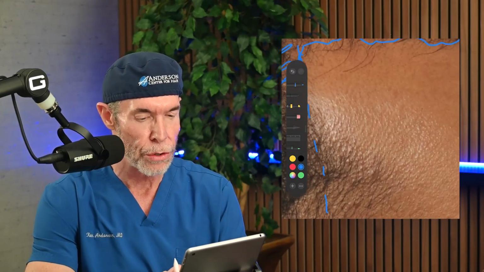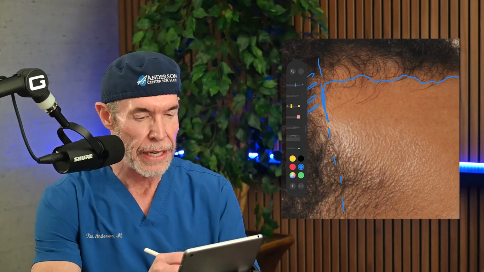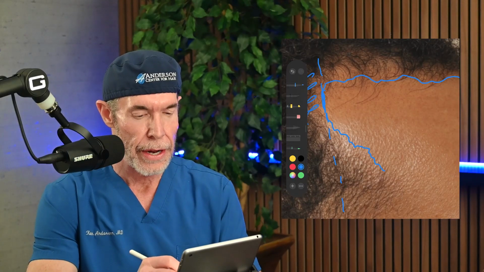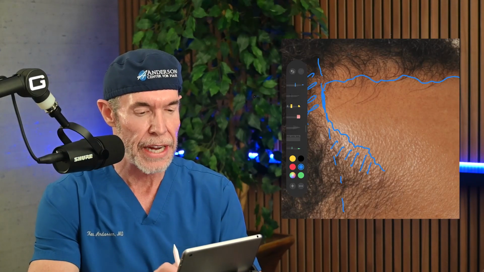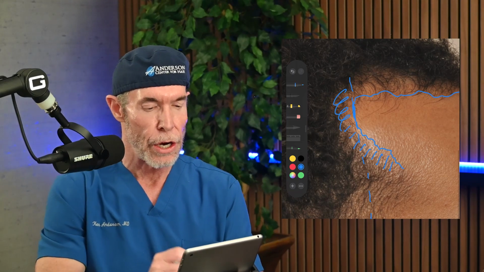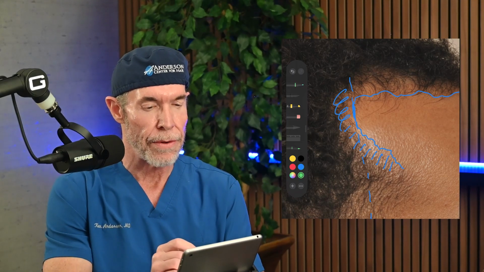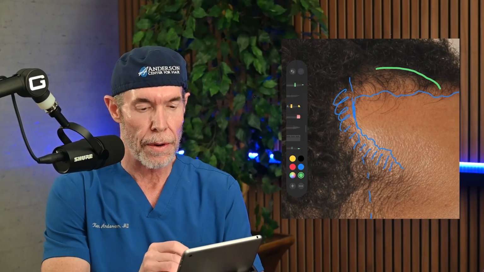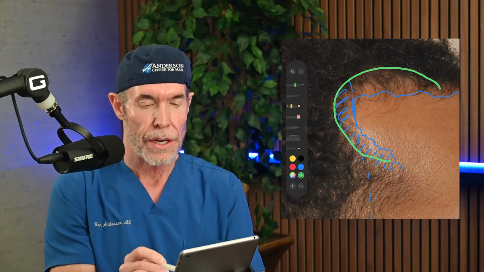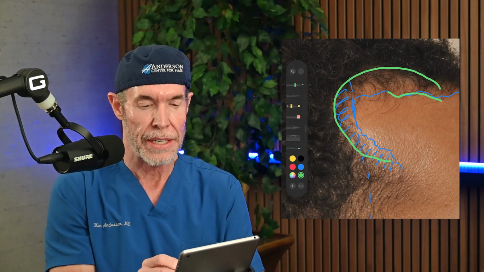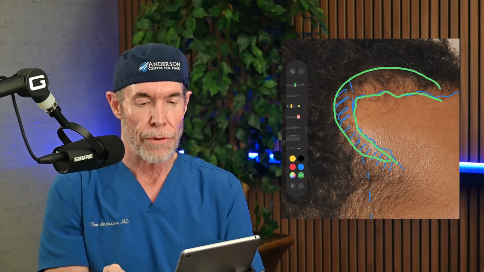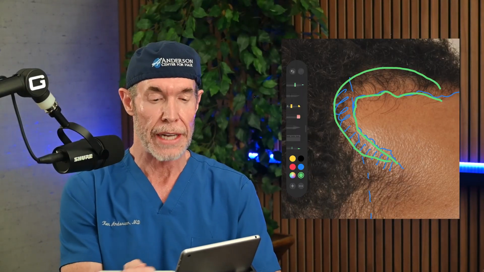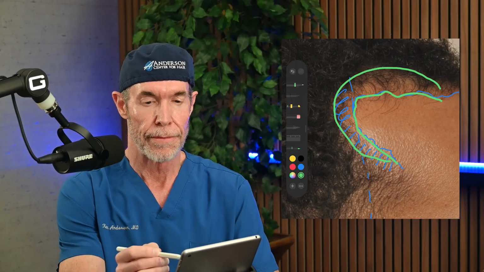And then as we have a closer look here, I think I probably would place some follicles at the superior edge of his temporal point and fill in this area through here just to give him a much more... Now you can see we've gone from a much more C-shaped area of loss to now a much more youthful, masculine, almost a reverse number 7 loss. And we would fill the area there in between the two green lines. I think that he'll really enjoy that look.